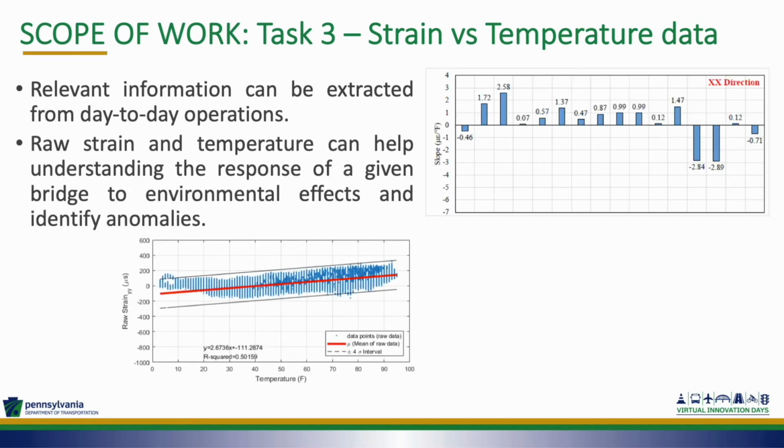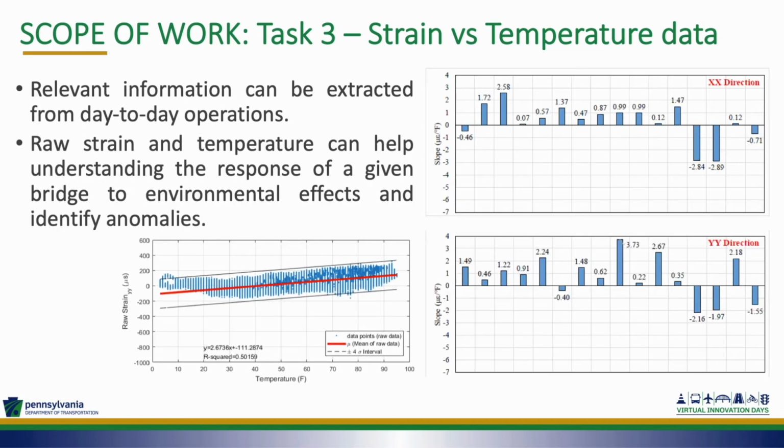Another thing that we did, and we believe that represents a great value for bridge engineers, is to monitor and compare the raw strain and also the true strain to temperature changes. Basically, we were able to see whether or not different strain gauges responded equally to the increase or the decrease of the temperature.